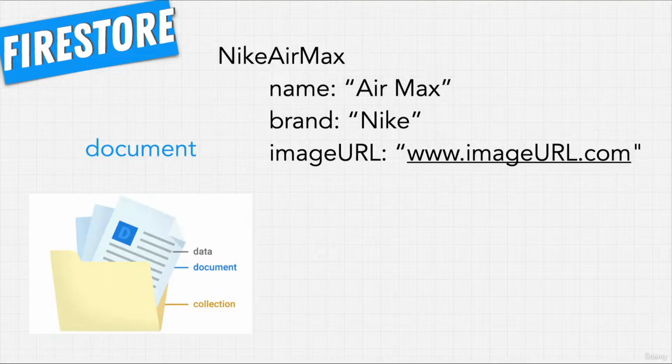This Nike Air Max inside will have data that tells you what the information regarding the shoe will be. So the name will be Air Max as a string, the brand is Nike, and then the image URL, imagine that points to some URL of the actual image. This is a data shape. This is a JSON object that holds the information that is relevant to shoes.